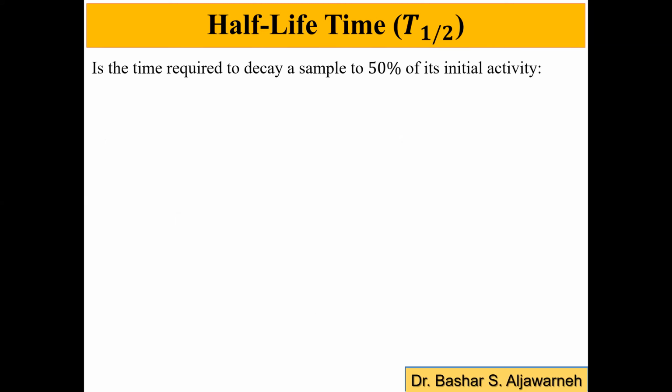A new parameter you need to know about radioactivity is the time required for a sample to decay to 50% of its initial activity, which is the half-life time. Suppose we have a sample of N0, and please pay attention to this example.